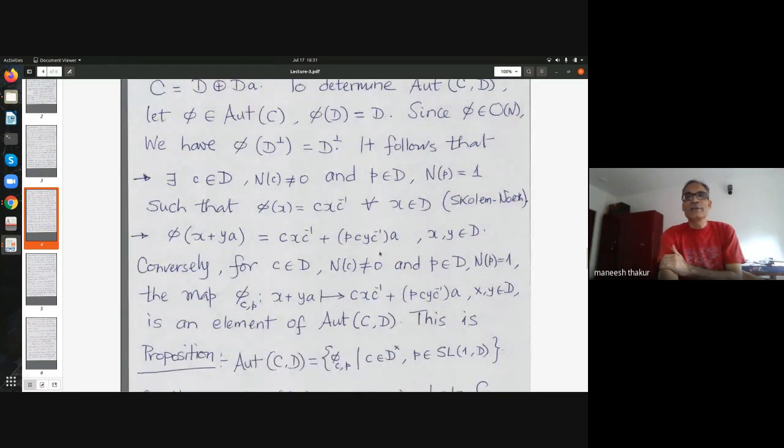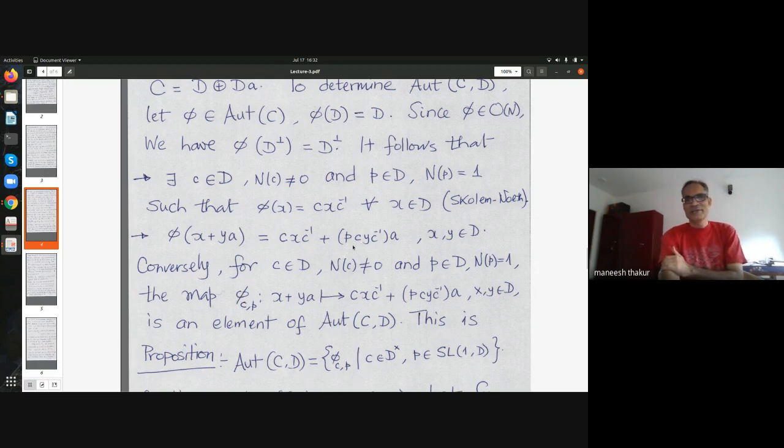And this part, I'm not giving you the argument right here, but you can argue by noticing that phi must take A to again some small d times A, because its D perp is this. So if I take phi of A, that is also in D perp, so it will look like some d times A. And that d must have norm 1.